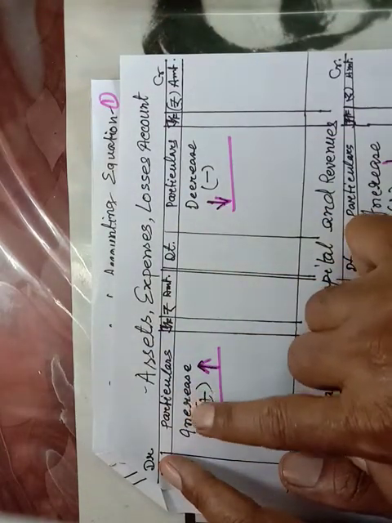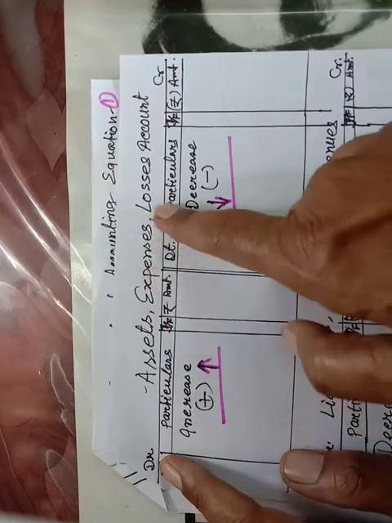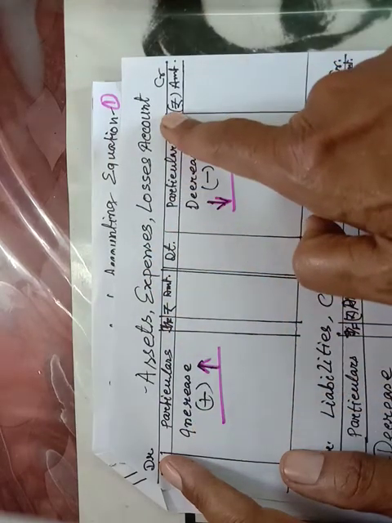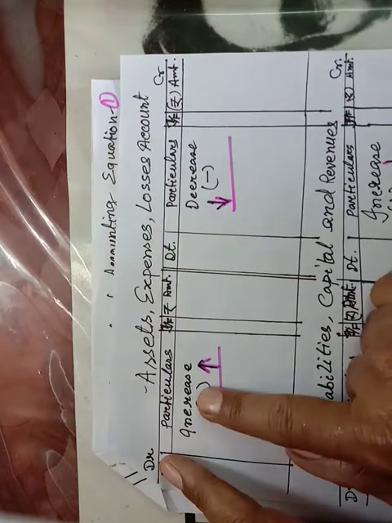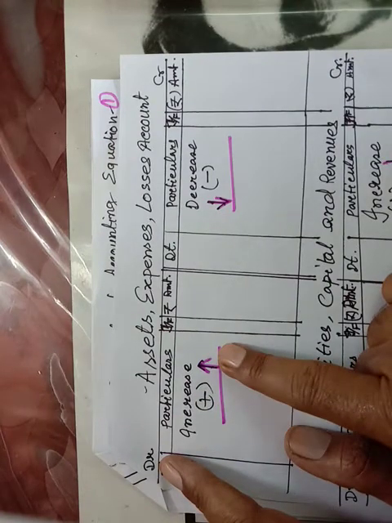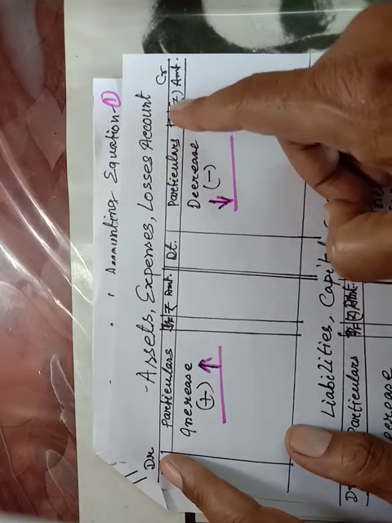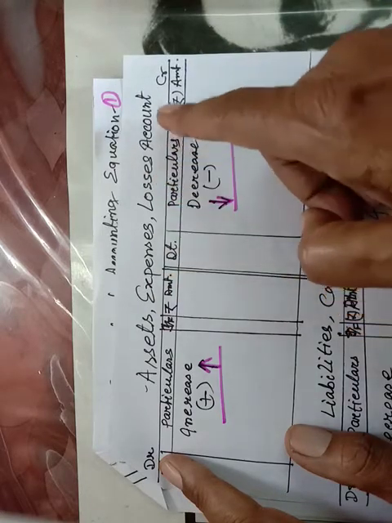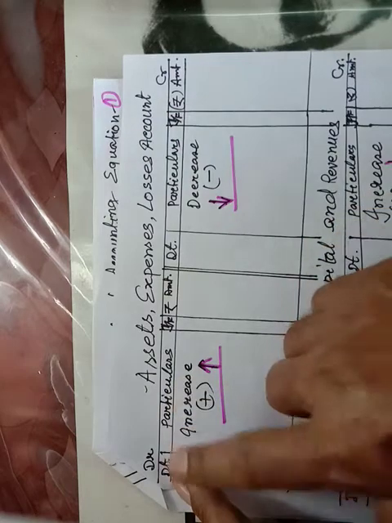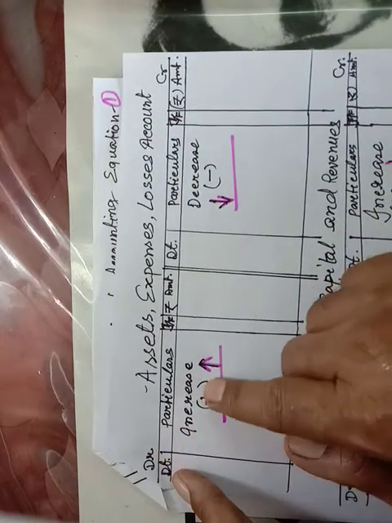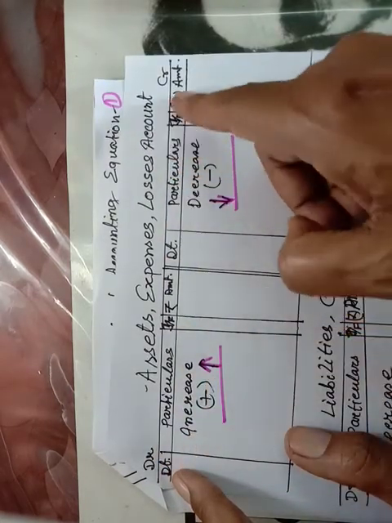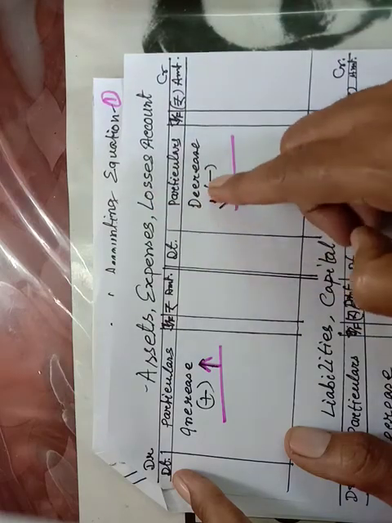Just to show, in the assets, expenses, losses account, increase means plus, decrease means minus, so debit when increase and credit when decrease.